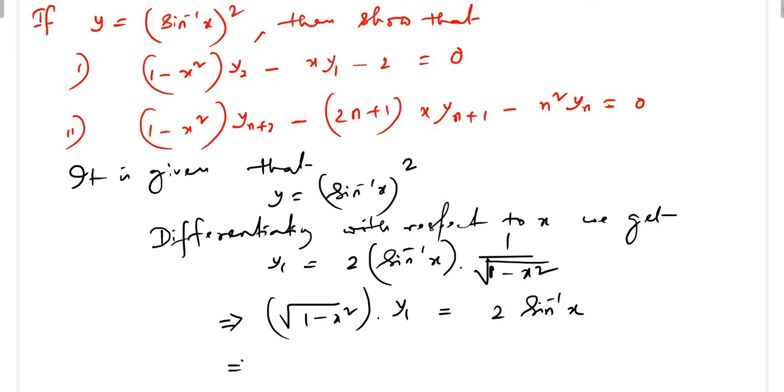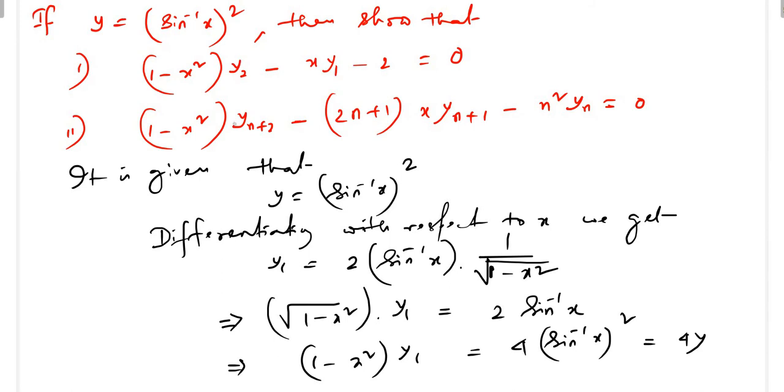Squaring both sides, we get 1 minus x square into y1 square equal to 4 sine inverse x whole square. Actually, sine inverse x whole square is y, so I can write it as 4y. So the result is 1 minus x square into y1 square equal to 4y.